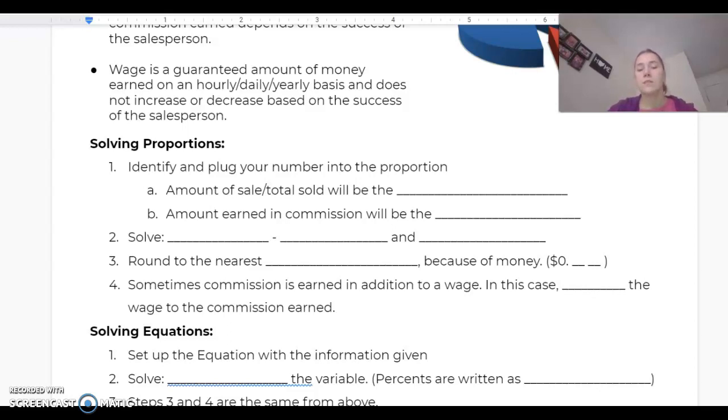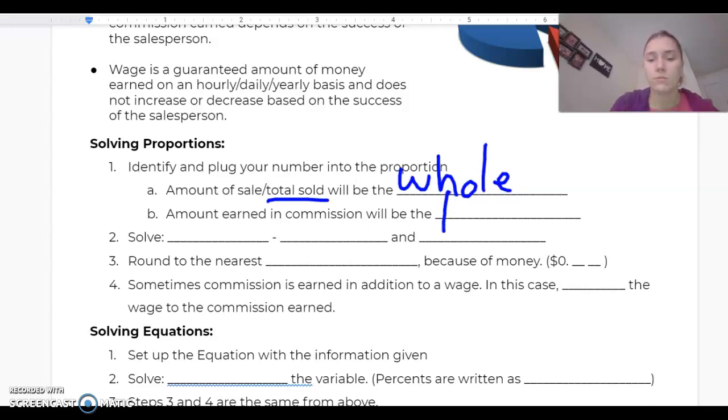So the amount of sale or total sold will be the whole. Something that can help you remember that is it's the total. It's the total, okay? So that's your whole. The amount earned in commission is the part to that whole. Okay? And when we solve this, we're going to cross multiply and then divide for our missing part.